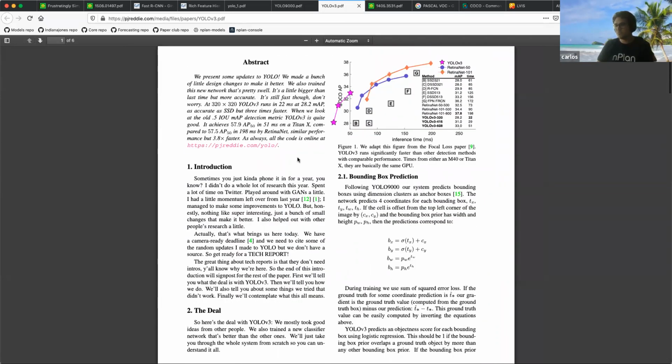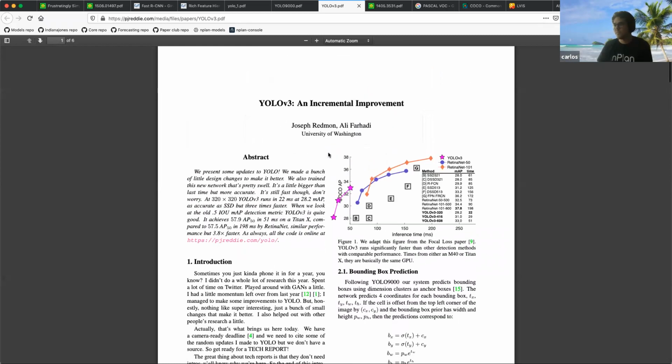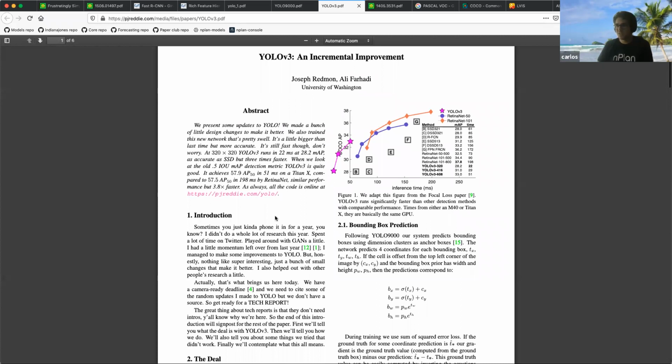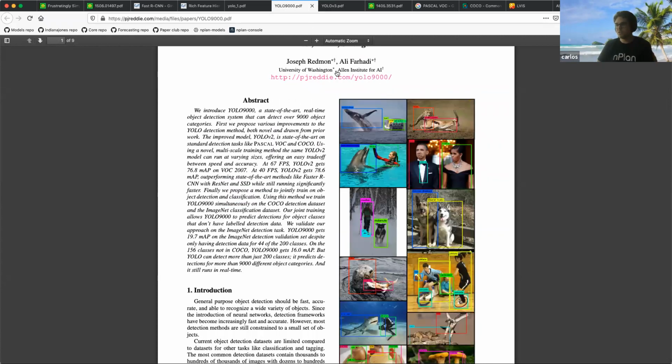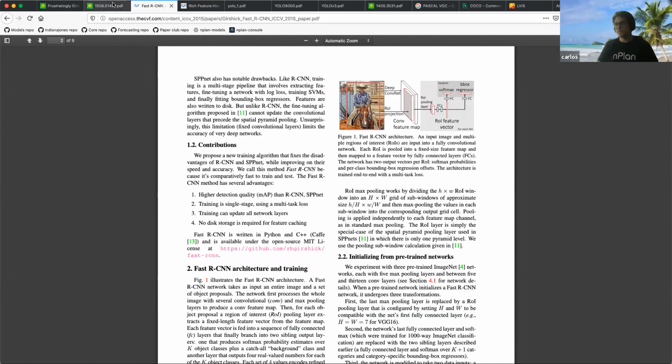I think that if you read just the introduction to this paper, you can see the spirit of Joseph Redmon writing these papers. But this is just a small improvement. So this YOLO v2 is one of the most used algorithms for object segmentation and detection.